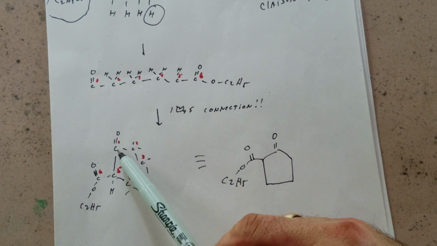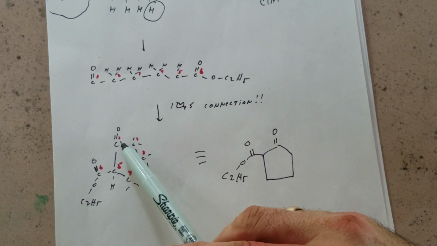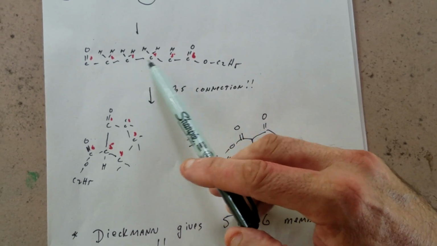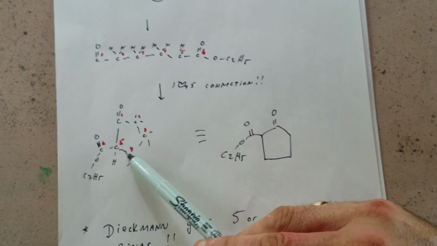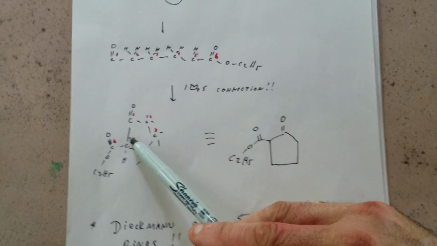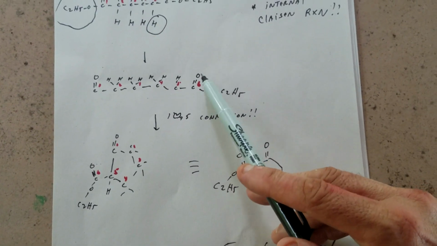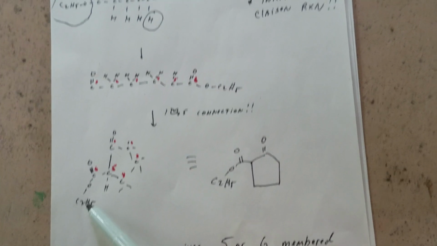So follow me along. There's the C double bond O, the carbonyl. There's my number 2 carbon, then the 3, then the 4, and then there's the 5, and then the 5 is connected to 1, and coming off the 5 would be the C double bond O ethyl group.